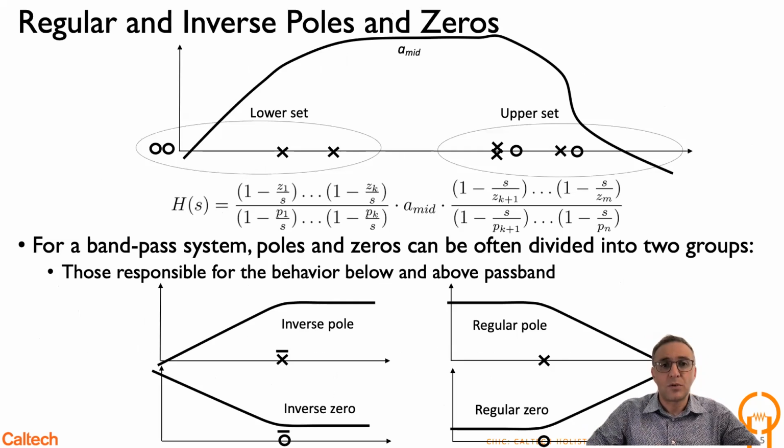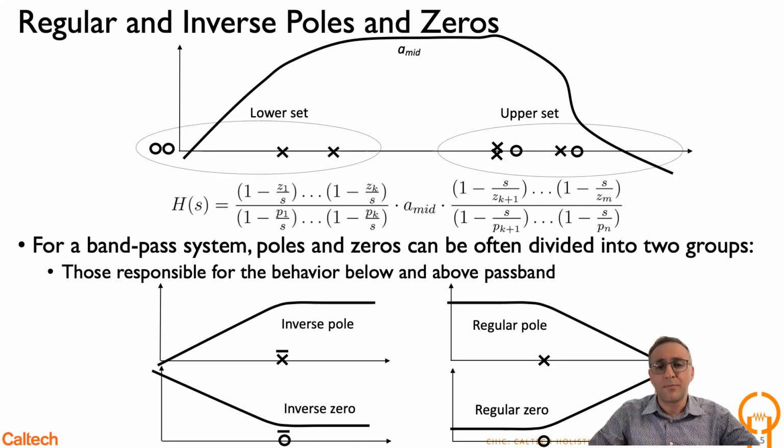And again, a little bit more review. In general, if you look at an amplifier with a mid-band gain, which has a low frequency cutoff and a high frequency cutoff, you can take the representation and rewrite it in a different way.